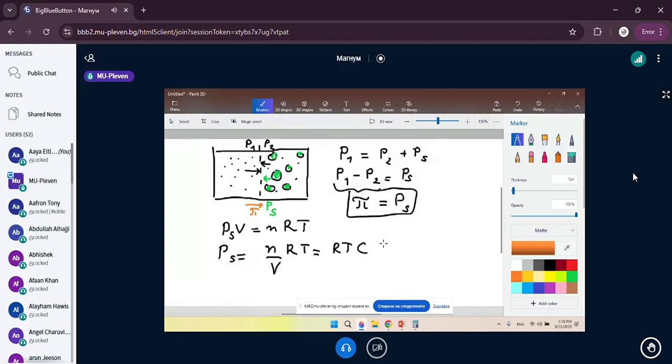Thus Van't Hoff's formula can finally be expressed, since this is exactly equal in magnitude to osmotic pressure. We may write the equation. In the case of electrolytes, there is an isotonic coefficient in case of the existence of dissociation processes.